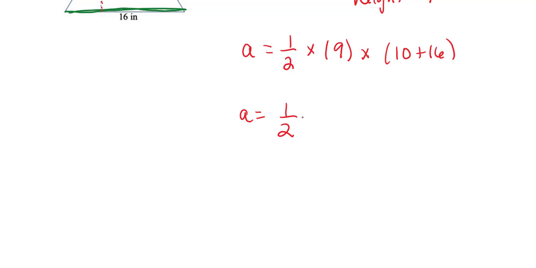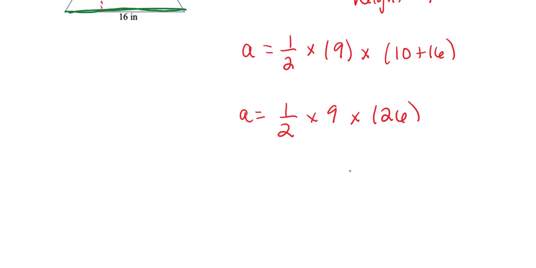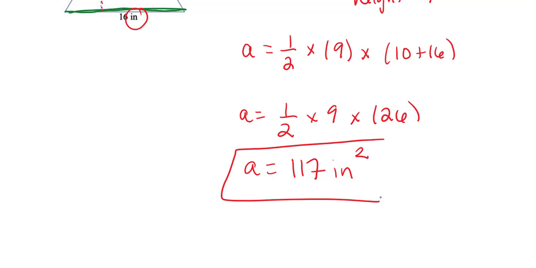So we have 1/2 times 9 times 26. Let's get our calculators out. So we have 9 times 26, which is equal to 234. And we just need to divide that by 2. And we get 117. And this is in inches, right? If we go back, it's inches squared because it's the area.